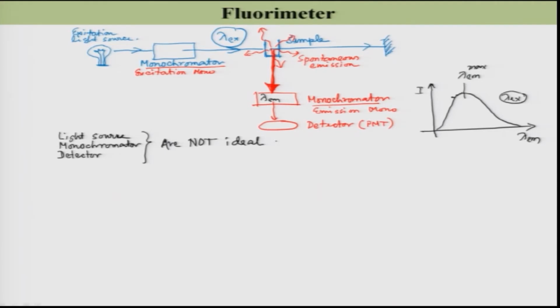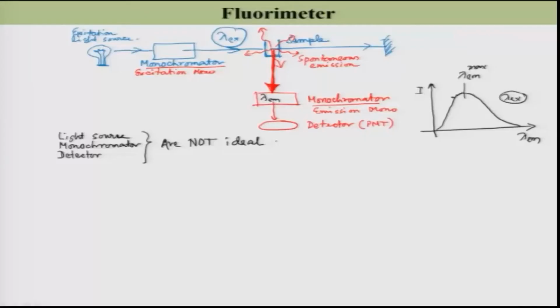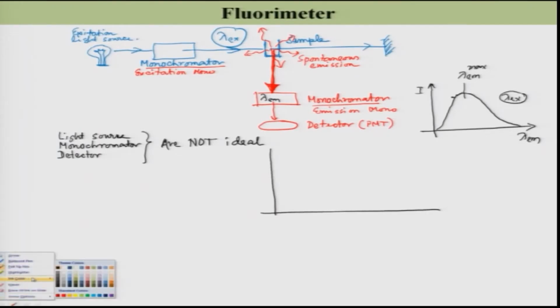Let me draw an emission spectra of a particular compound. Let us assume that somebody has given you that emission spectra, which is the correct emission spectra of that particular molecule, and let me draw the emission spectra for a molecule X. So, this is the axis. So, let me use red color to draw that.